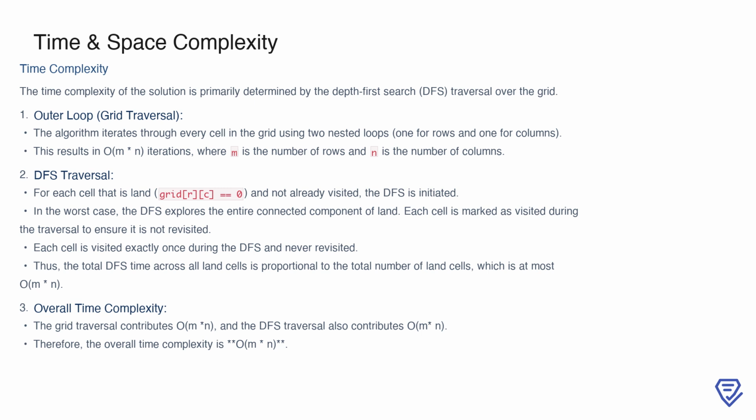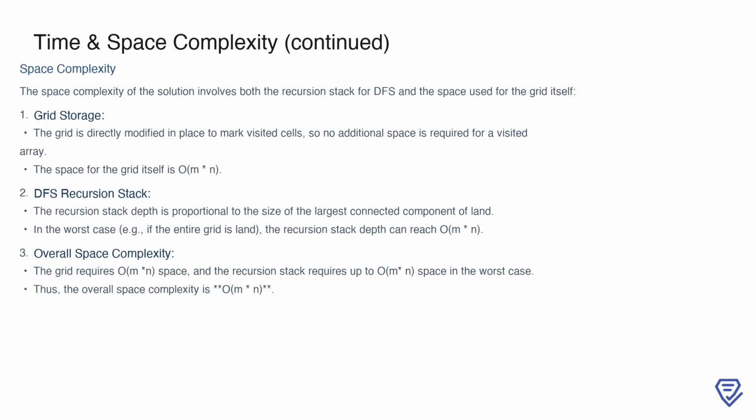Therefore, the total time spent on all DFS traversals is proportional to the number of land cells, which is also at most m*n. Combining the outer grid traversal and the DFS operations, the overall time complexity of this solution is O(m*n).